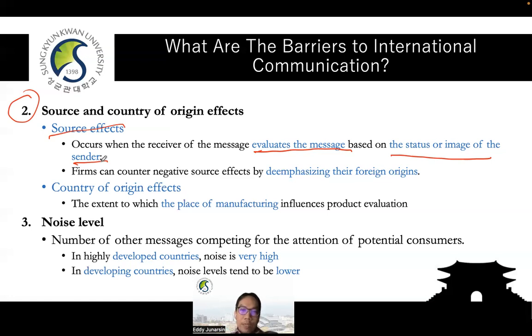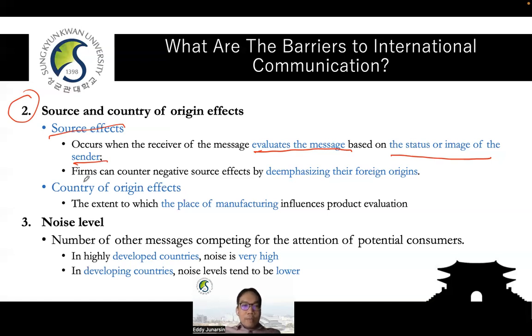That could be a person, or a virtual influencer. Many products nowadays are using virtual influencers, like the top brands of apparel, shoes, and clothing. Many have used virtual influencers as well, but personal influencers still play a big part, right? It's a source effect.